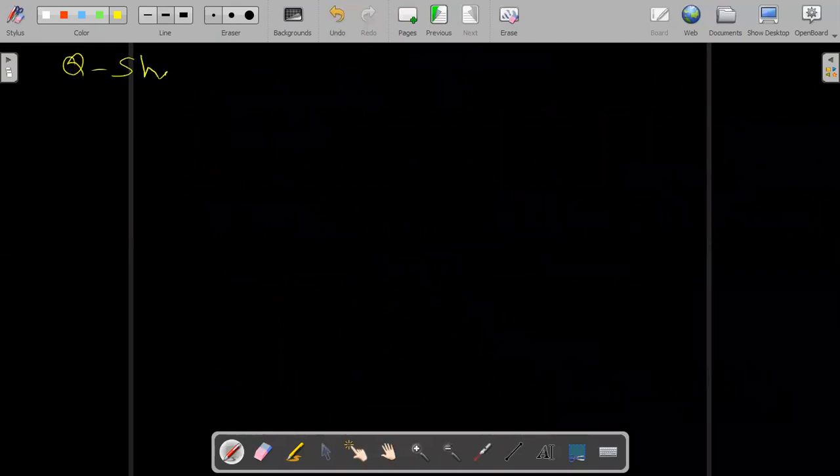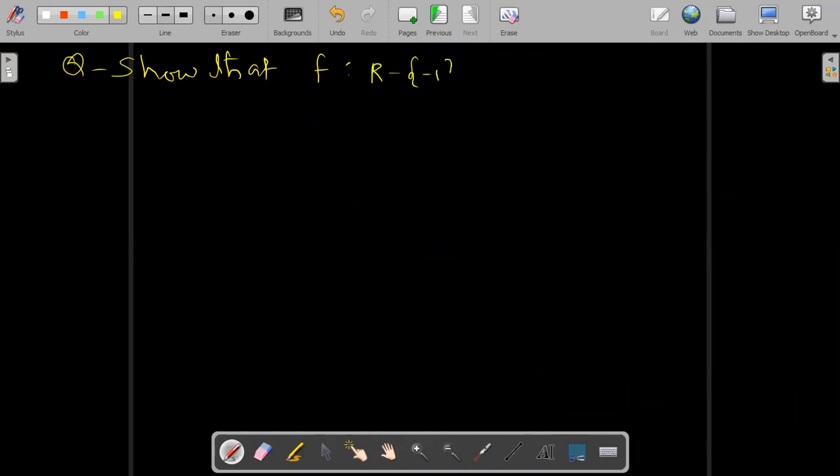Show that f is a function from real numbers except minus 1 to real numbers except 1. The domain is real numbers except minus 1, and the codomain is this.